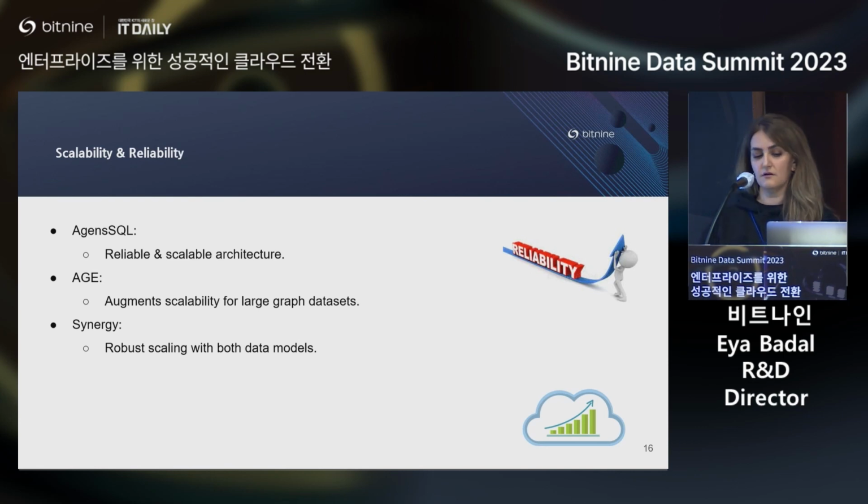Together, in synergy, they offer unparalleled scaling across both relational and graph data models, promising consistency and integrity in every transaction. After my presentation, we will provide insight into the transition from relational to graph data.